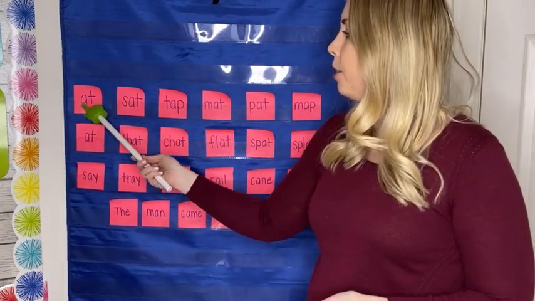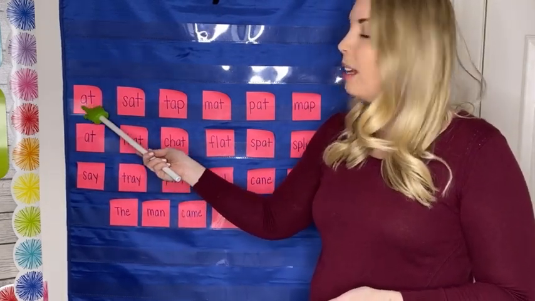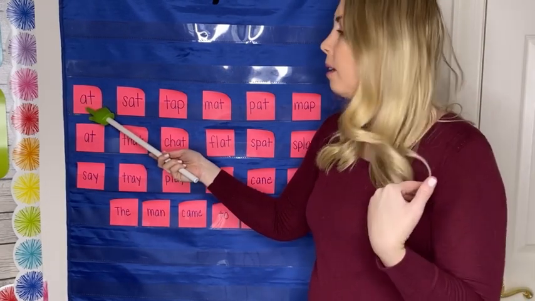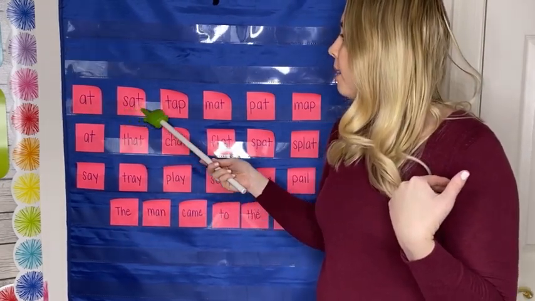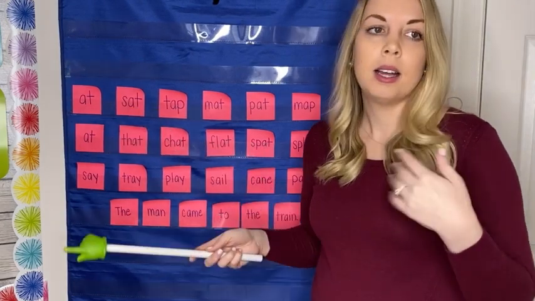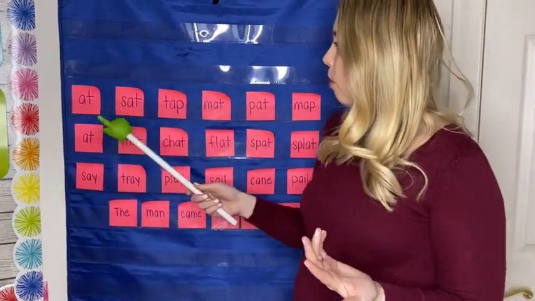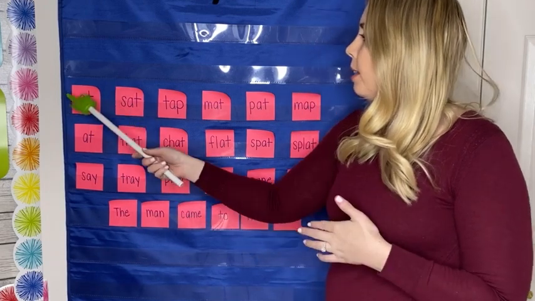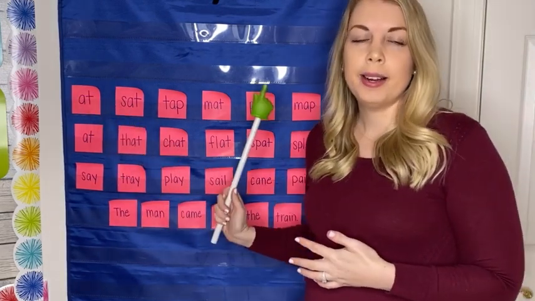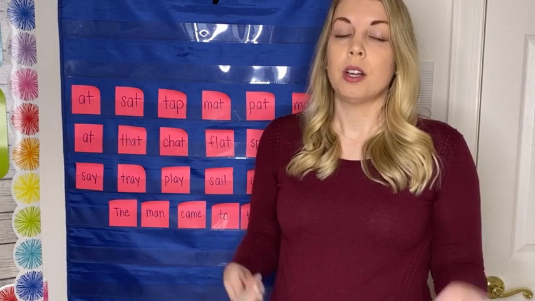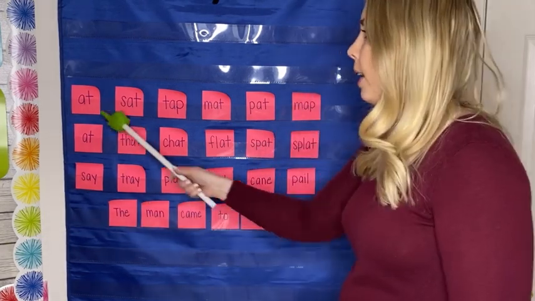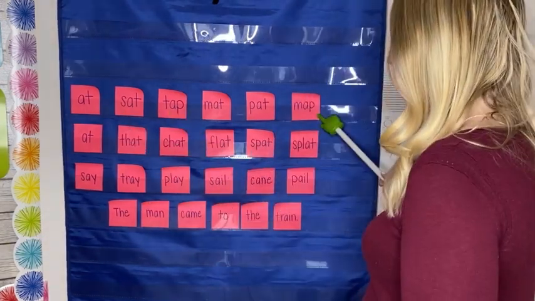I would model the first 2, at, and have my students repeat, at, sat, and then we would continue on with the rest. I also like to point out a similarity between each line, so I would always ask my students, do you see something similar in these words here?